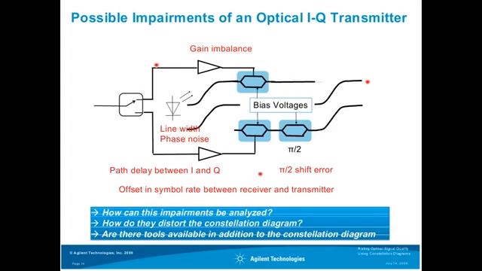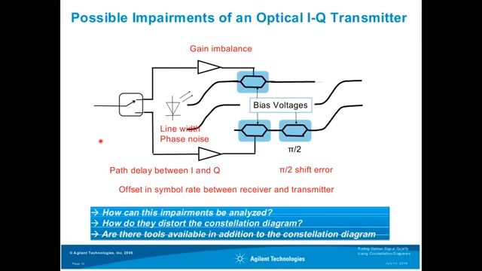We could have a wrong setting of the 90-degree phase shifter. And we could have several kinds of influence of the line width or the phase noise of your carrier generating laser. And in addition, there could be an offset of the symbol rate between the receiver and the transmitter.